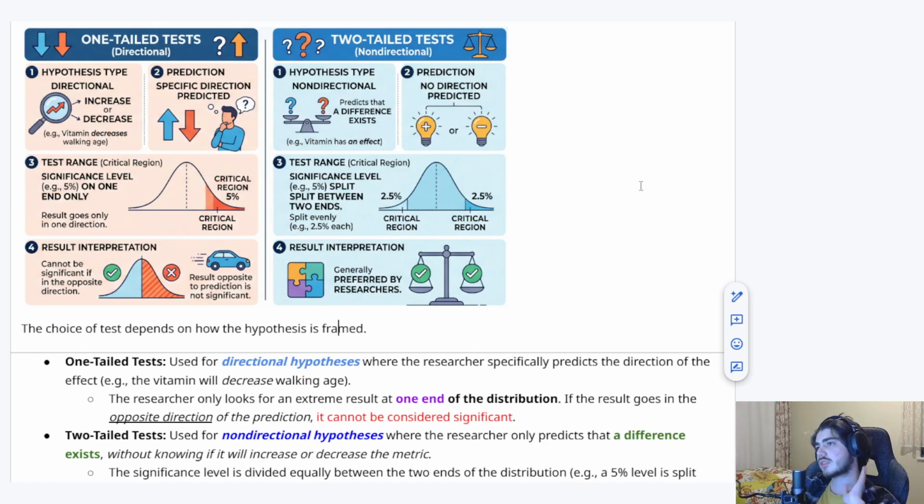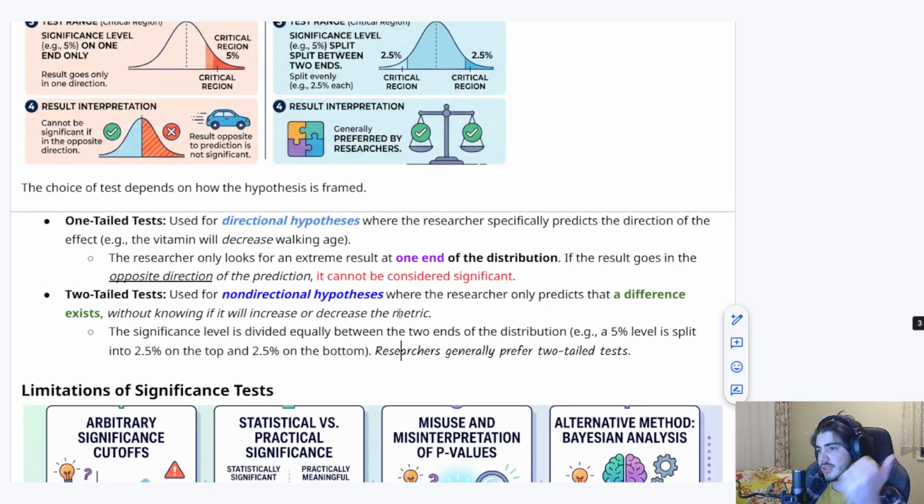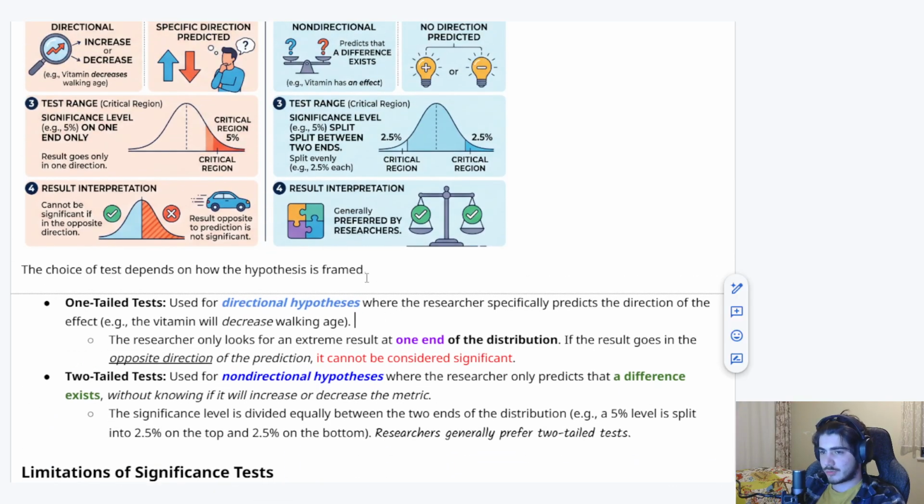So for example, instead of saying this vitamin will decrease the walking age, you can just say this vitamin will have effects on the walking age. It can be negative or positive. So if it then comes out to increase the walking age, then you can say that is also statistically significant because it had an effect on the child, so your H1 is confirmed.